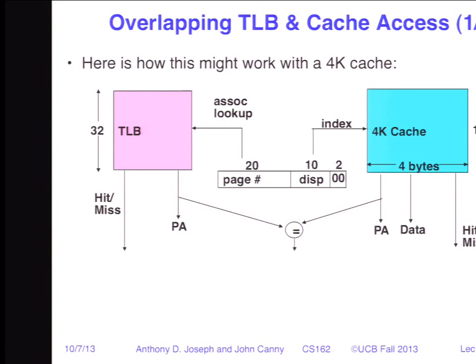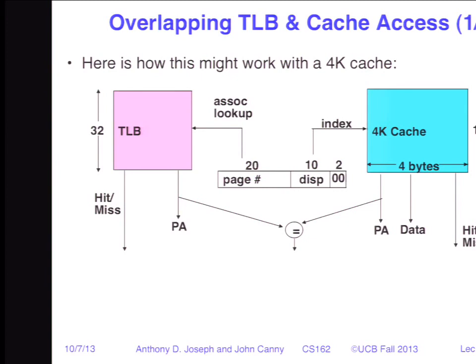We have our cache. Our cache is 4 kilobytes in size. Each cache line is 4 bytes. Thus, there are 1,024 entries, which represents 10 bits, so our index is going to be 10 bits. Our byte select is going to be 2 bits, one of the 4 bytes here.